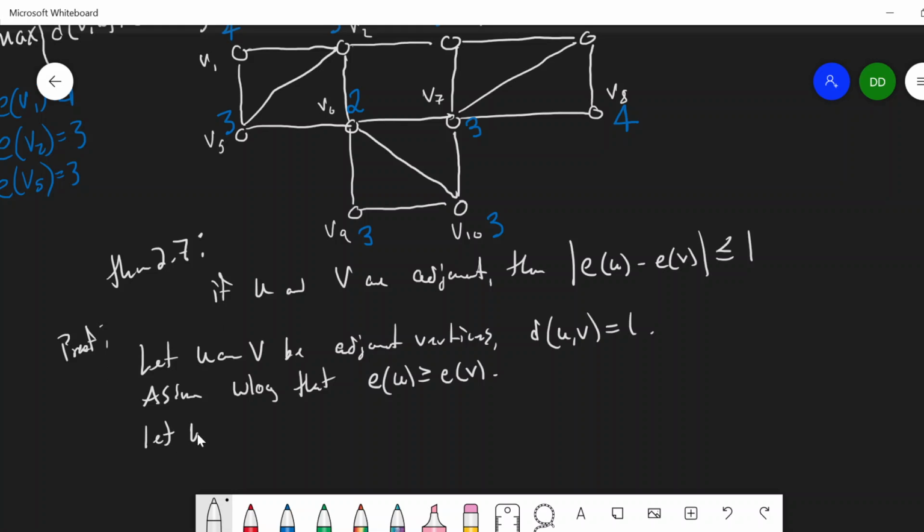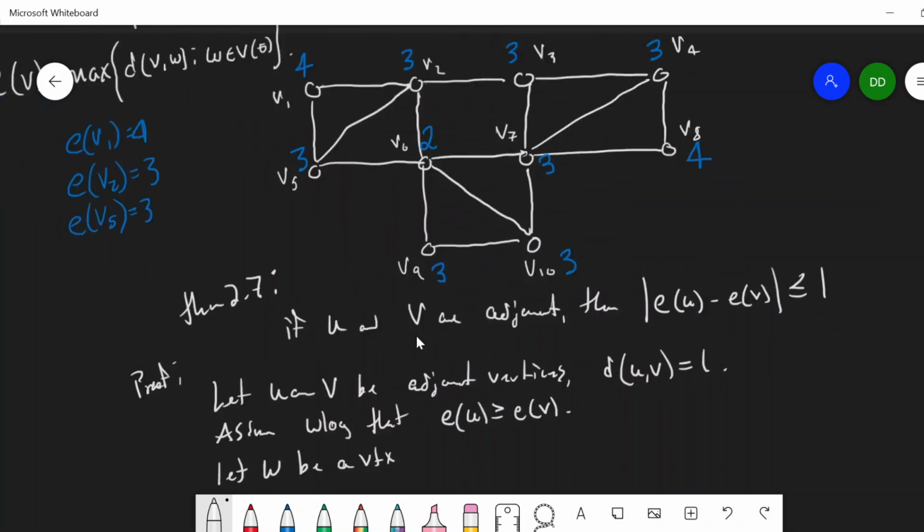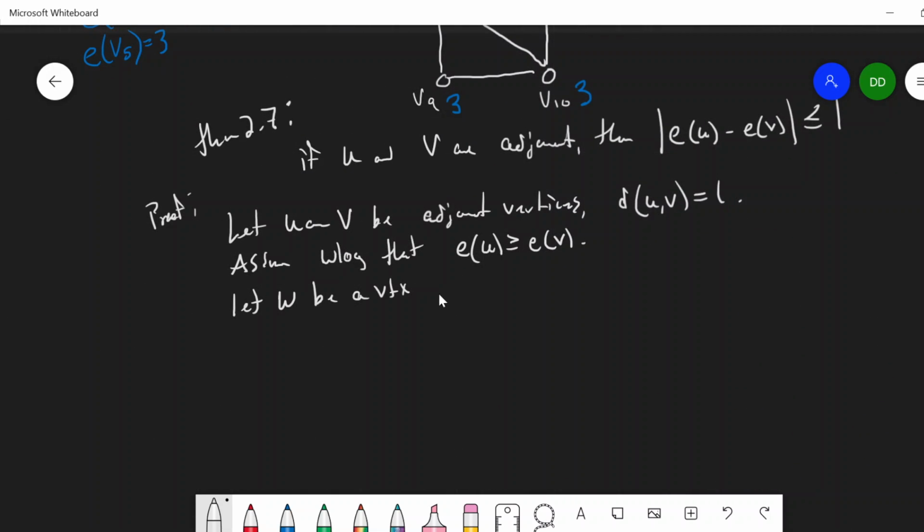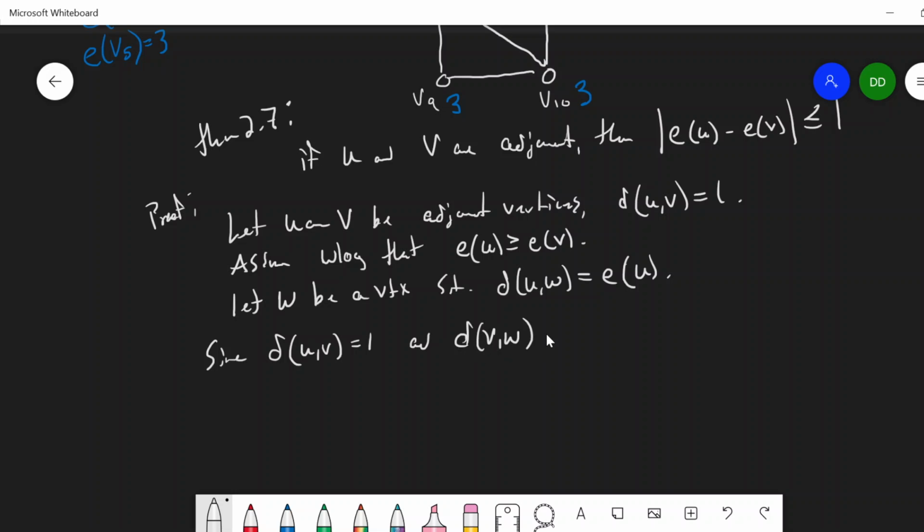So let W be a vertex such that the distance from U to W is equal to the eccentricity of U. That is, W is a vertex farthest from U. Then, since the distance between U and V is 1, and the eccentricity of U is at least as big as the eccentricity of V, we can say that the distance from V to W can't exceed this eccentricity of U. Otherwise, it would have higher eccentricity.